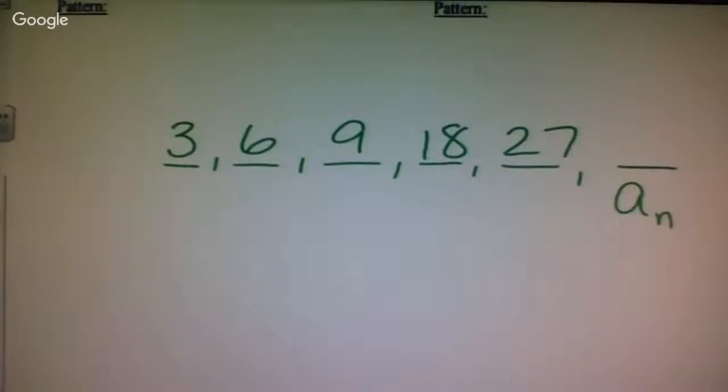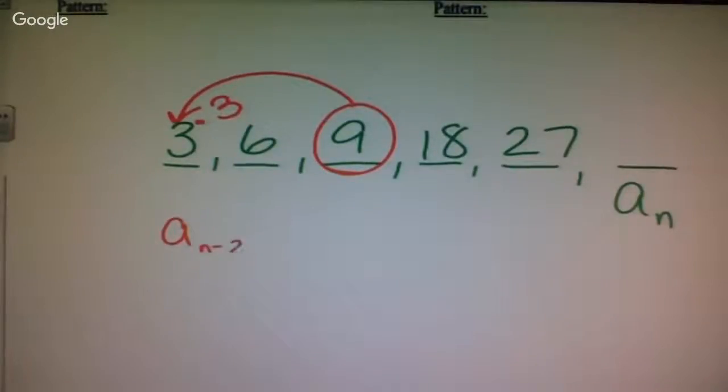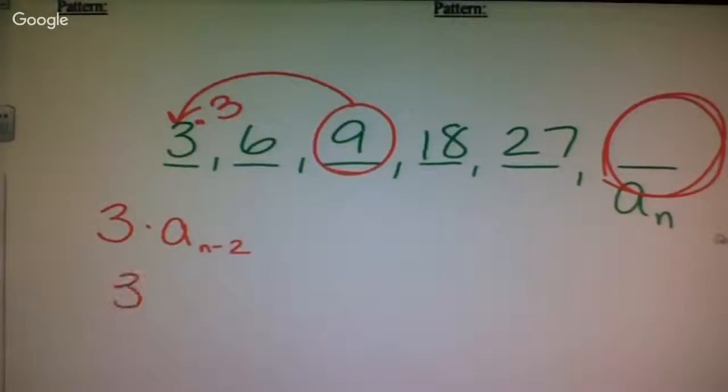Okay, let me try this. In order to get this number, I go back here and multiply that by 3. So it would be a sub n minus 2 times 3. To get this number, what number would I plug in for a sub n minus 2? 18, the number that's 2 spaces back.